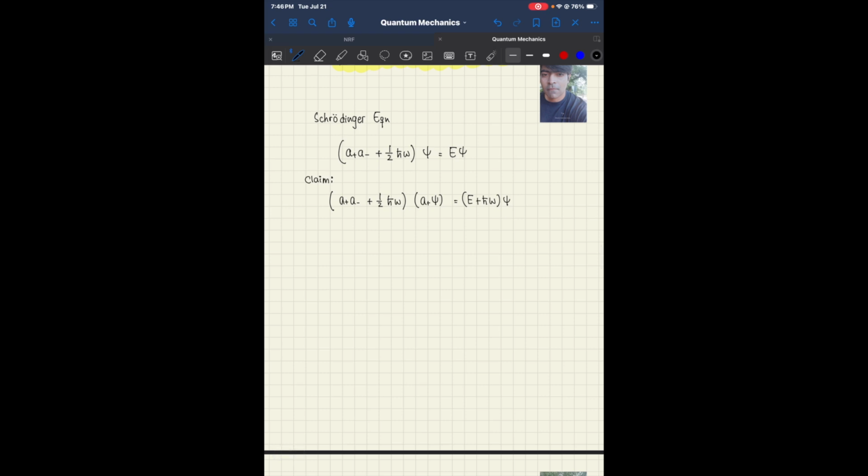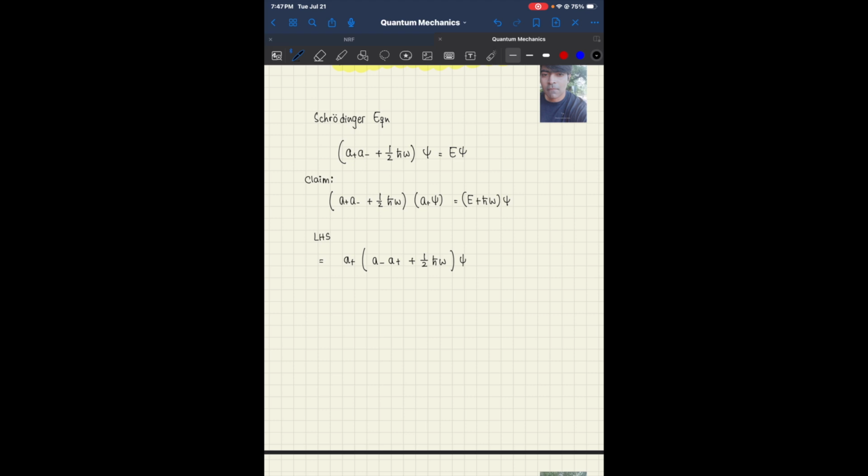How do I figure this out? Let's start from the LHS. The LHS is say a plus a minus a plus plus half h cross omega psi. This is the left hand side, right?